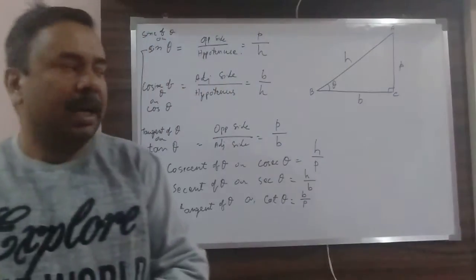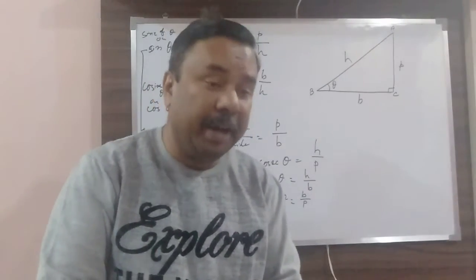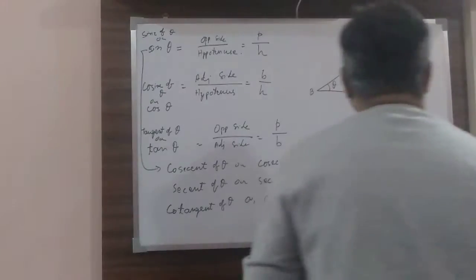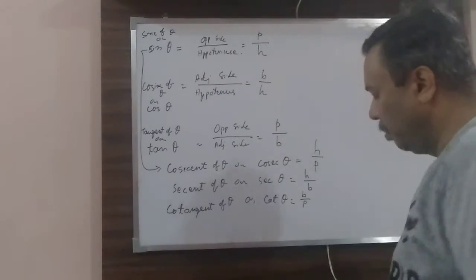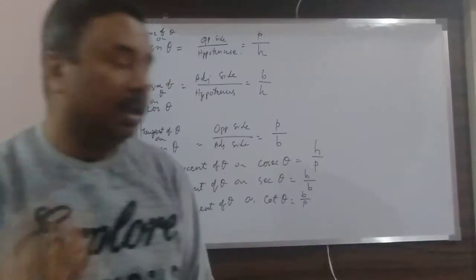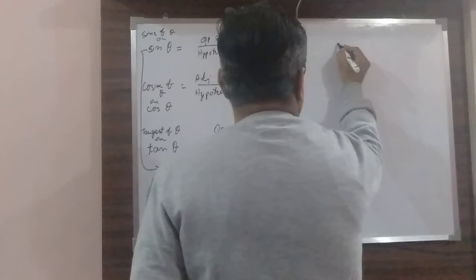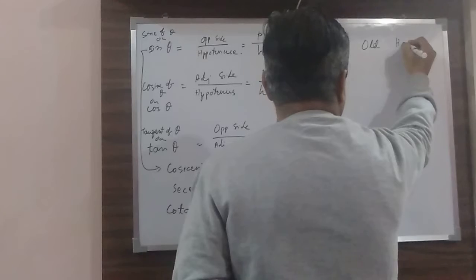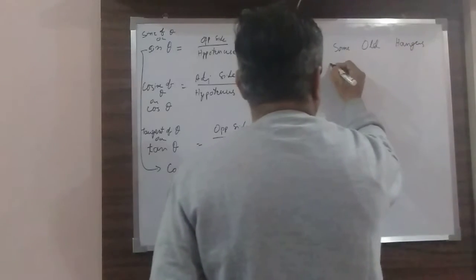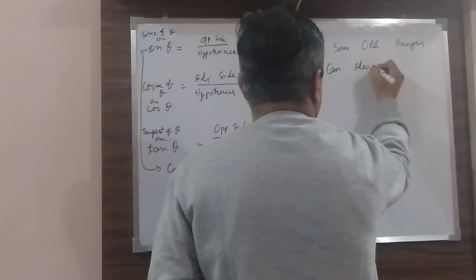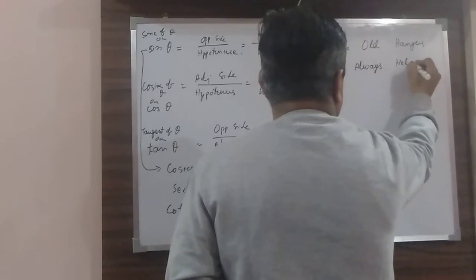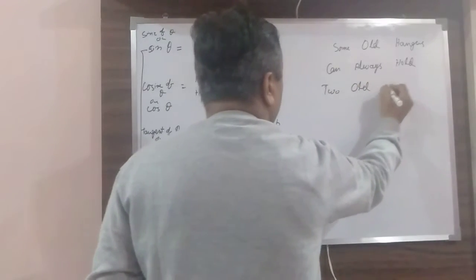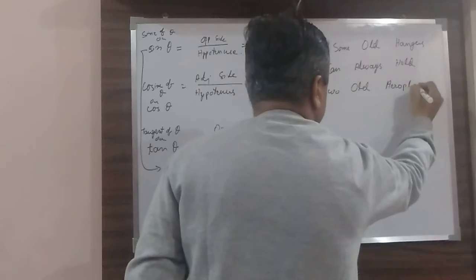Okay. There is a very simple way to remember all this. All these ratios you can remember. I will give you a very common trick to remember. Just remember: Some Old Hangers Can Always Hold Two Old Aeroplanes.